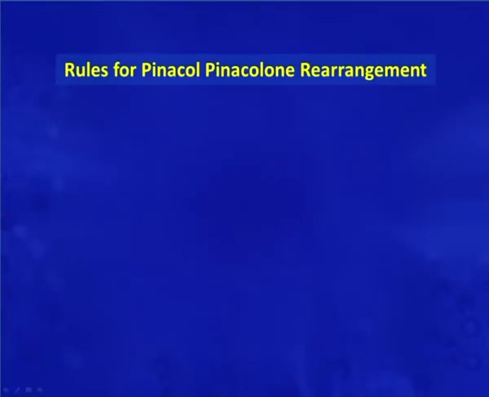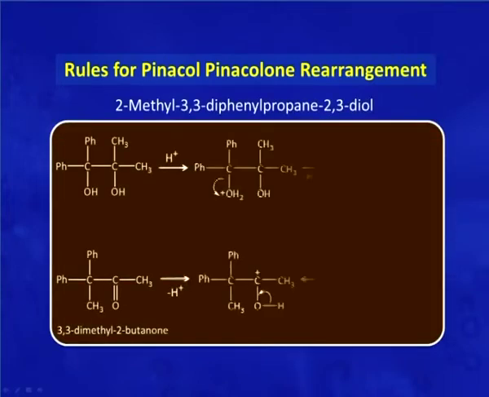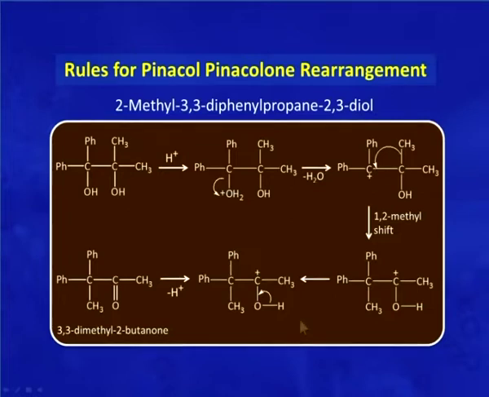In the present slide, we are going to discuss the pinacol-pinacolone rearrangement of 2-methyl 3,3-diphenyl propane 2,3-diol. As we have discussed just now, the protonation will take place from this hydroxy group. As a result, the water molecule will go off and the methyl group present at the next carbon will migrate with its pair of electrons.